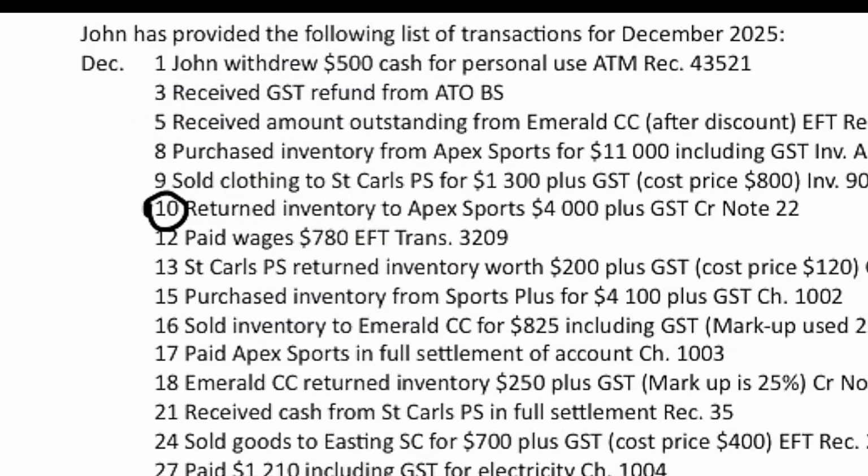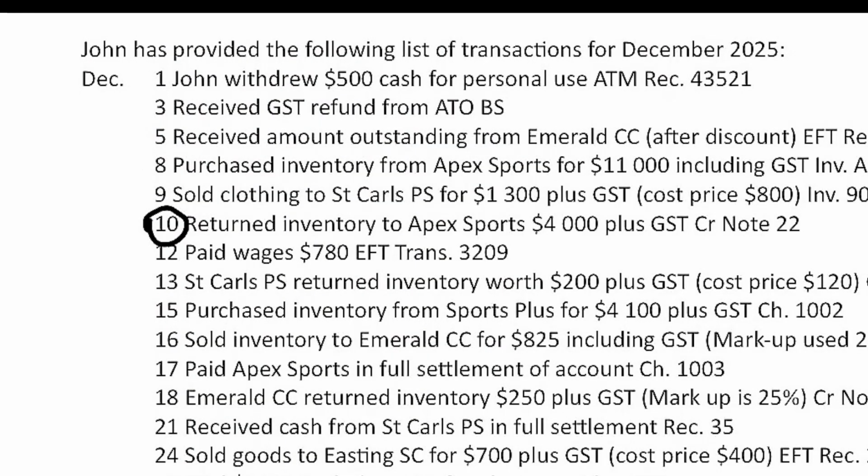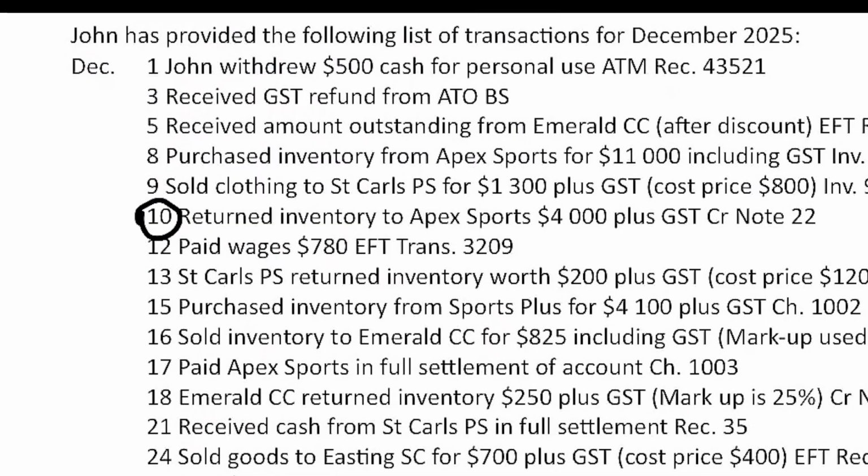Now what is the double entry for this? Trayton, do you know the double entry? Is it bank? No, not bank. Okay. Now do you remember the purchase returns of inventory? Very easy.